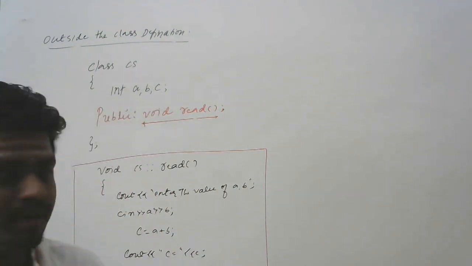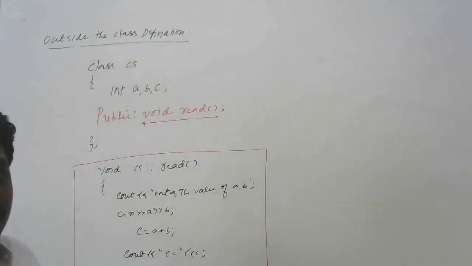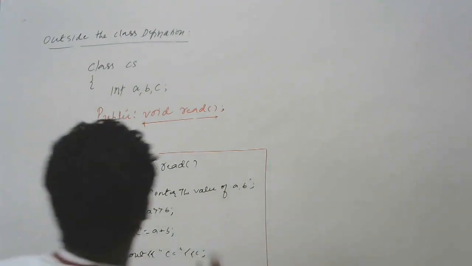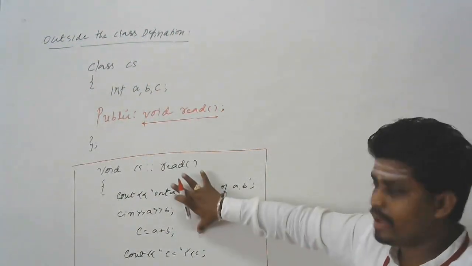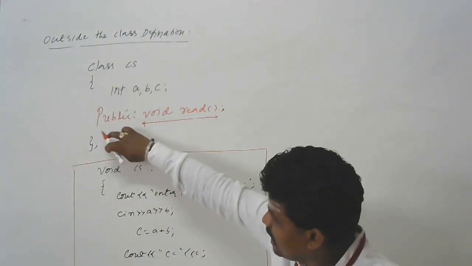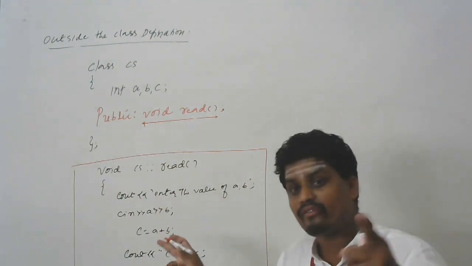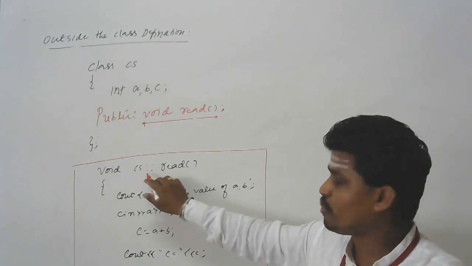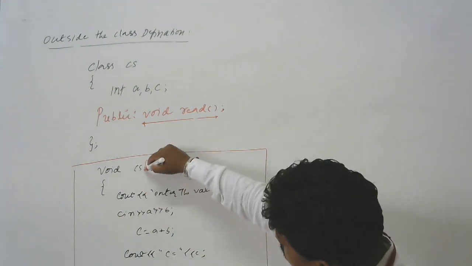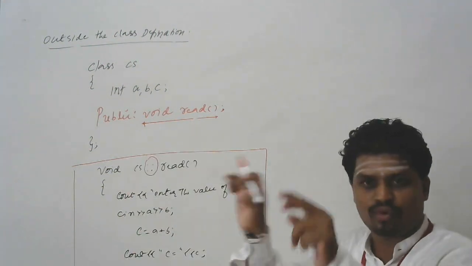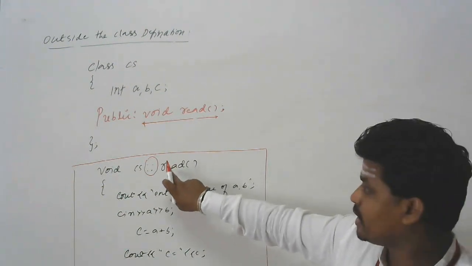So one more time I will remind you, outside the class definition means the process of defining a member function outside the class. Just I have defined it outside the class only. But how are you calling? Using the scope resolution operator, four dots.